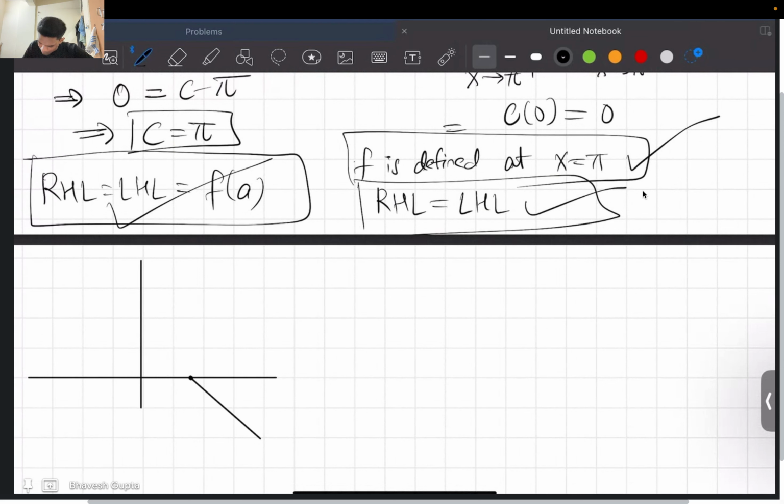This is your line with pi minus x. Why am I saying that this is pi minus x? Because if you take the extension, it will touch at pi, and you can see the slope is also negative.